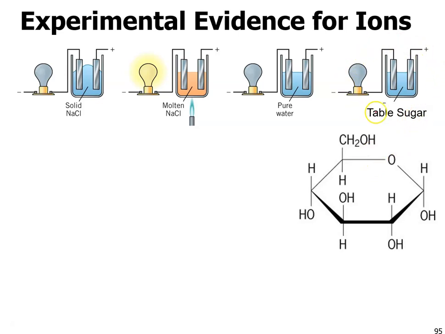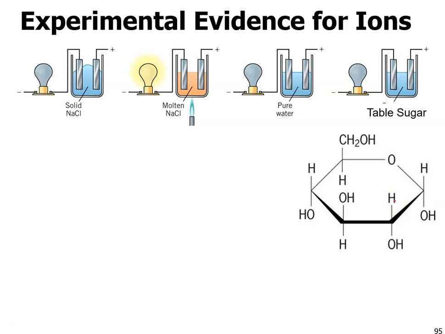So if I take this and I put table sugar in this solution, even if I have a battery hooked up, there's no electrical conductivity because the electrons are all shared and accounted for, and they don't leave that element. There's no open spots for it to jump.